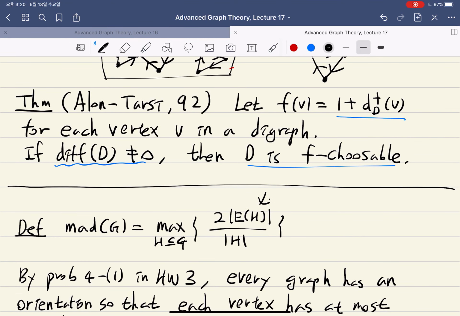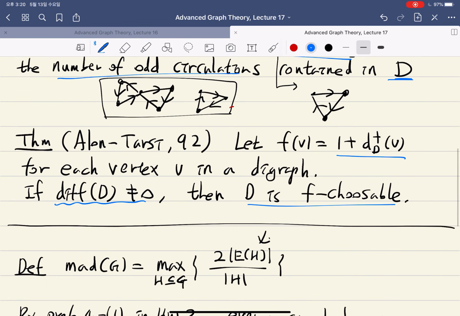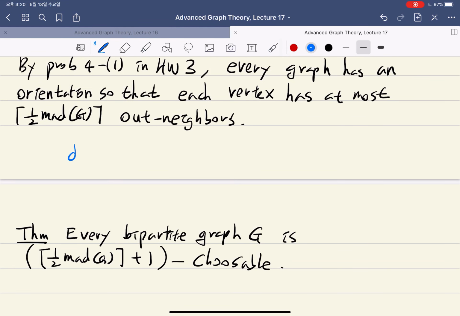So first, we can check that for a bipartite graph, if you orient the edges in an arbitrary way, then its diff of D is always non-zero. Why?